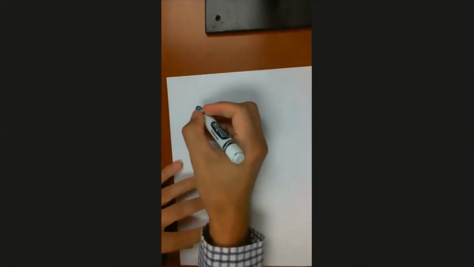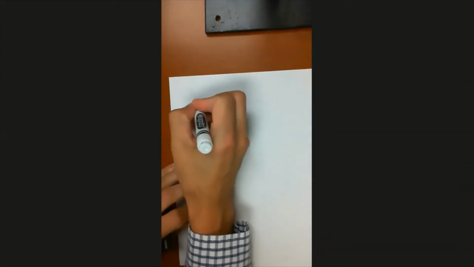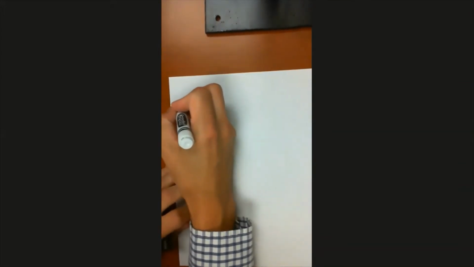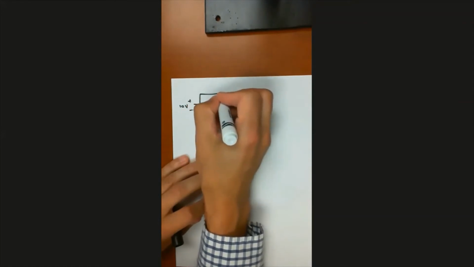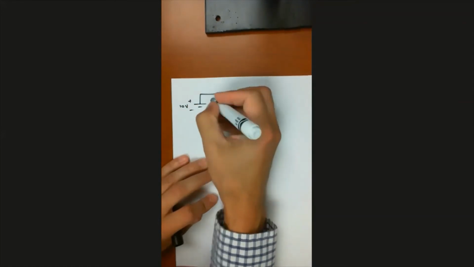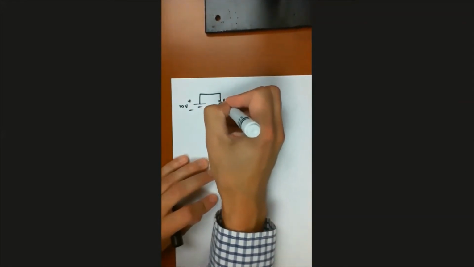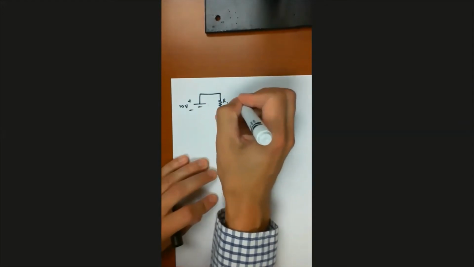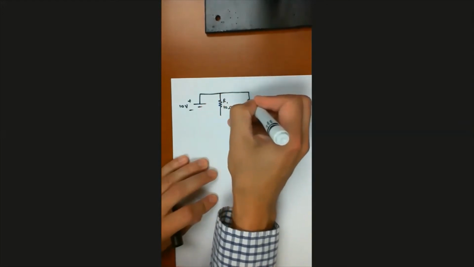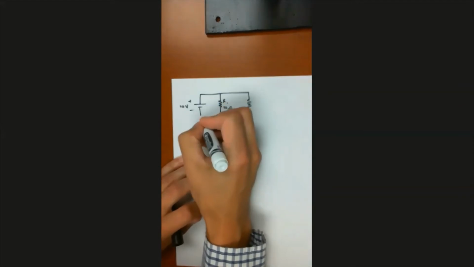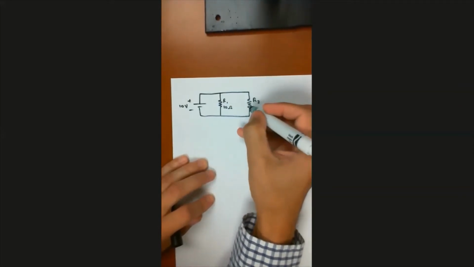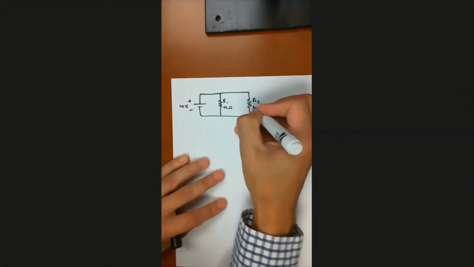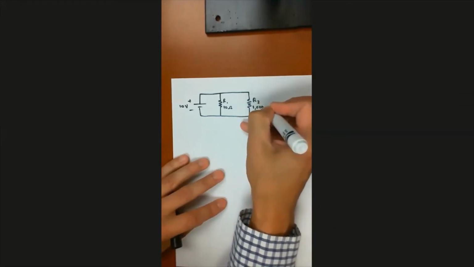So let's do an example problem where we have a 10-volt power supply, and we have two resistors in parallel. R1 is 10 ohms and R2 is, let's say, 1,000 ohms, or a kilo-ohm.